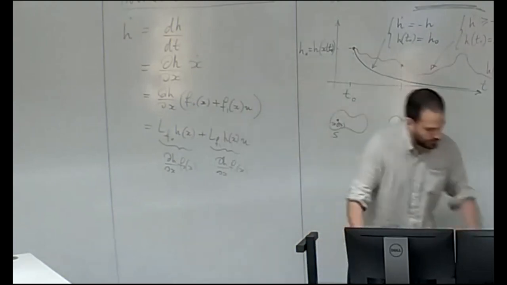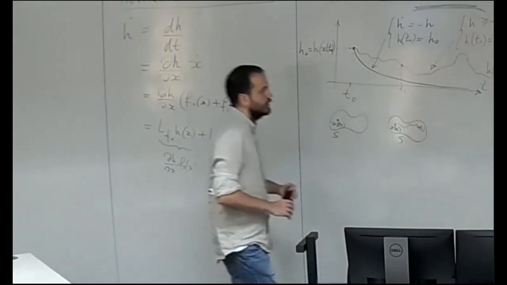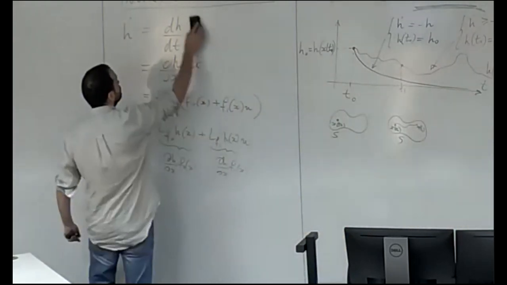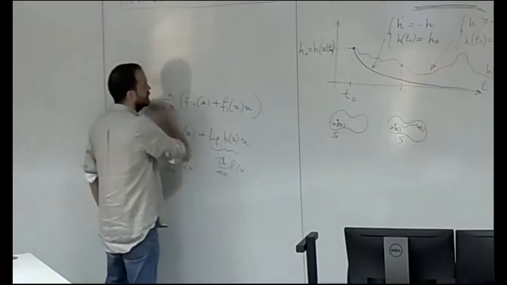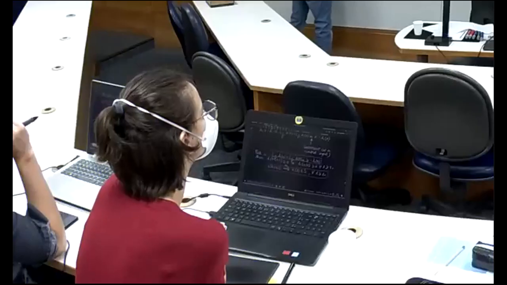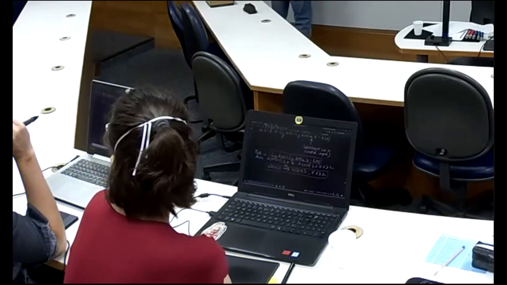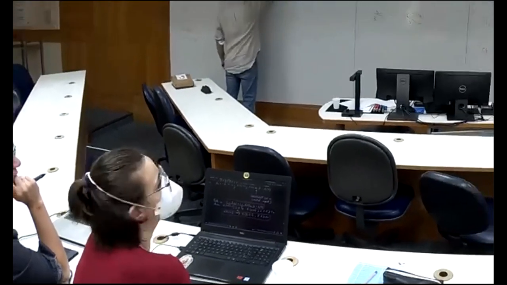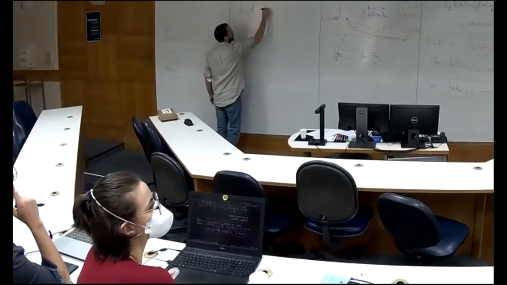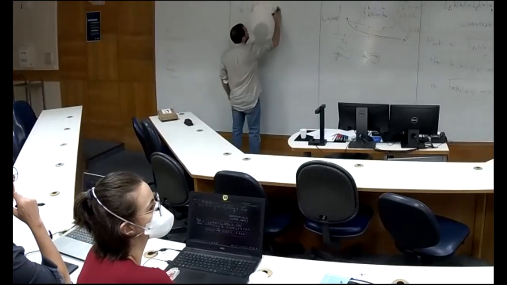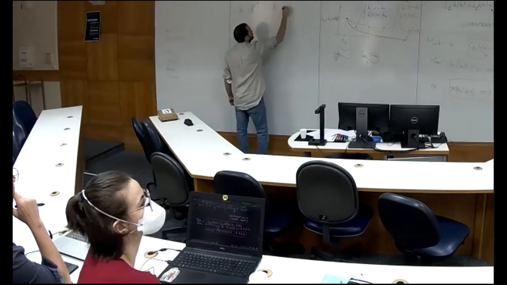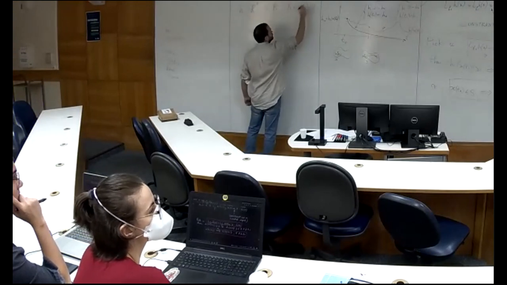Just like we did for the control function, or generally, we can define H of Rn, the class of functions H from Rn to R, such that H is continuously differentiable.